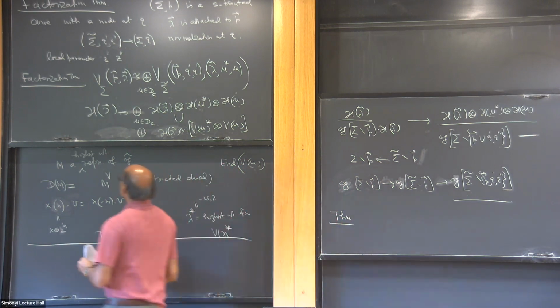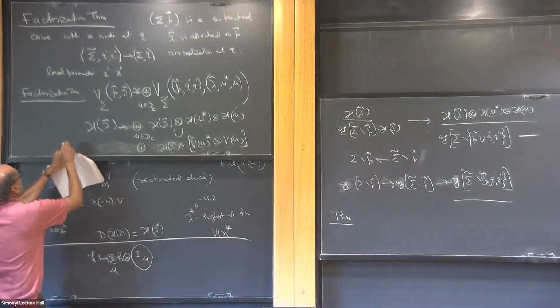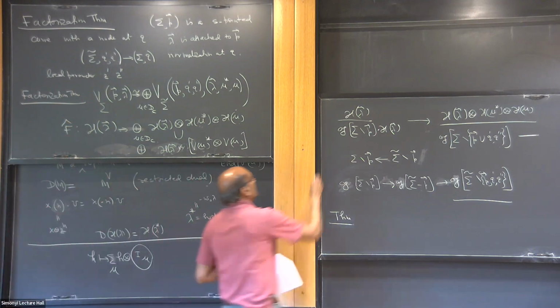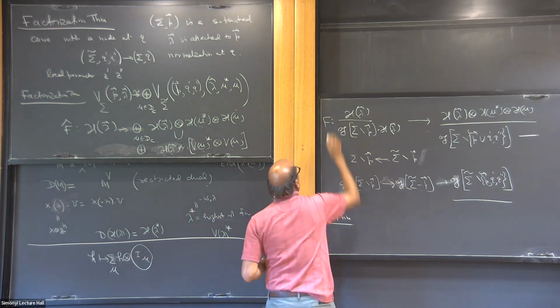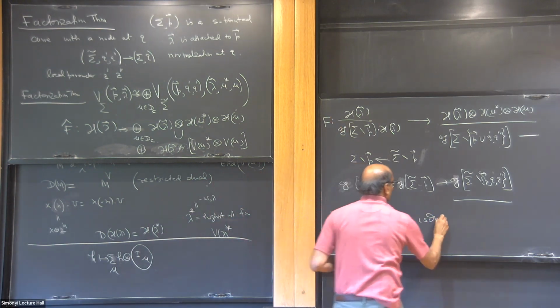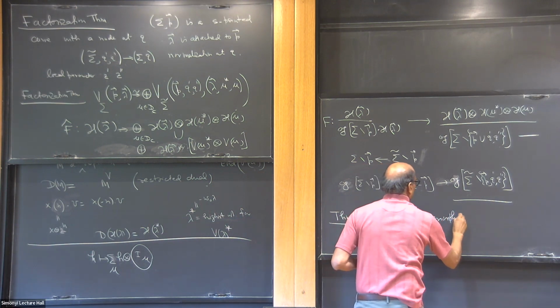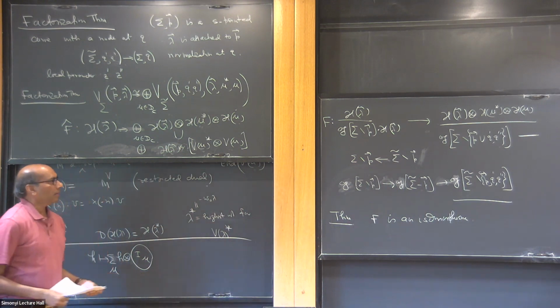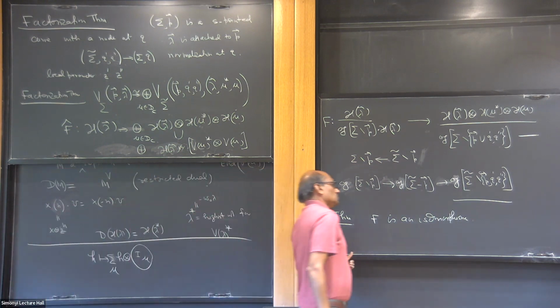This map I'm just going to call F hat, and this map I'm going to call F. So F is an isomorphism. Okay, so that's the theorem.